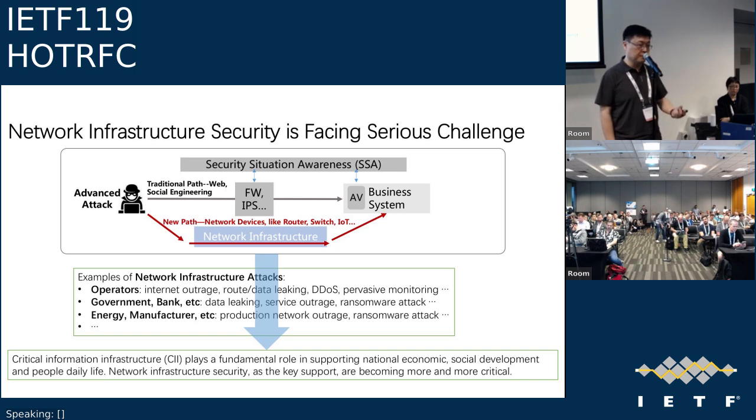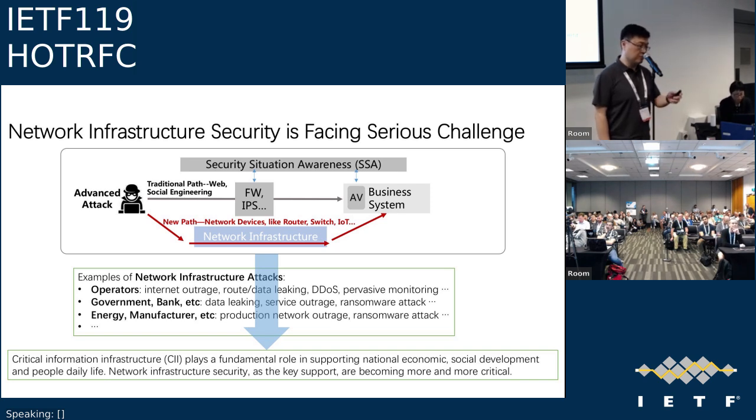You can see a lot of examples, like ransomware attacks, internet outages, or manufacturers' production network outages. Many of these are caused by network infrastructure security problems.